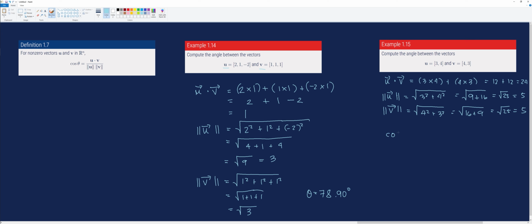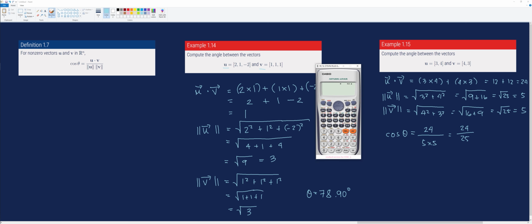So let's try to identify the value of the theta using the cosine function. So our numerator is 24, whereas our denominator is 5 times 5, or 25. We now use our calculator to solve for the theta.